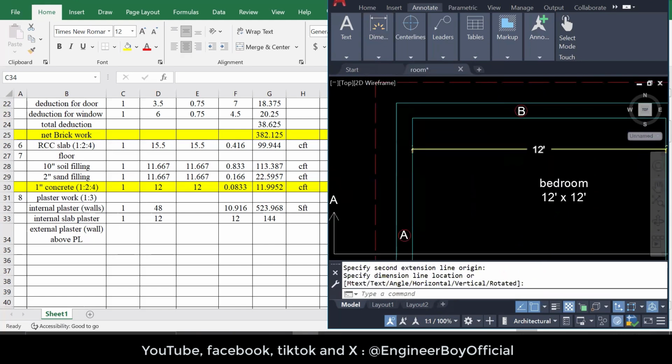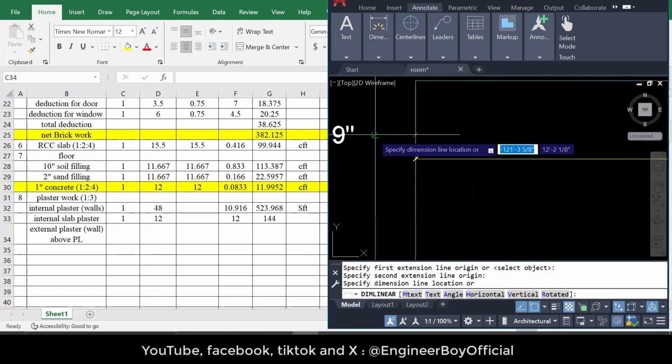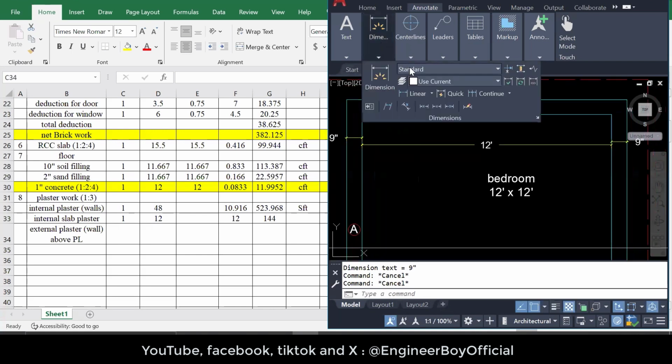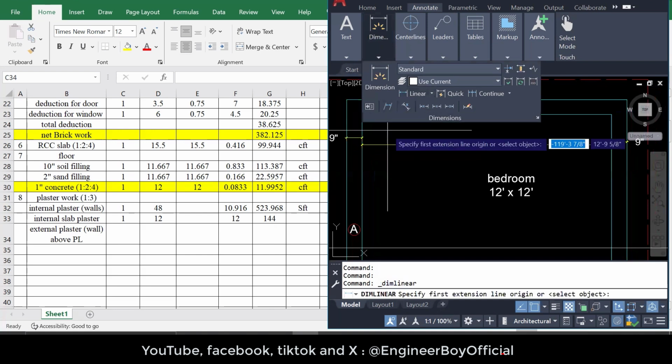So this is going to be one side of the square. It means we now have 12 feet and 9 inches, and 9 inches are 18 inches maybe, which is 1.5 feet. So it means we have one side 13.5. And let me just confirm it by linear.